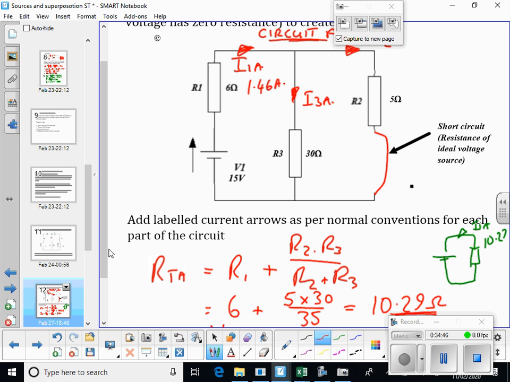How would you do it? From there we can find that, take it away from V1, and we'll have the voltage across both of those resistors, and that'll allow us to find the current.